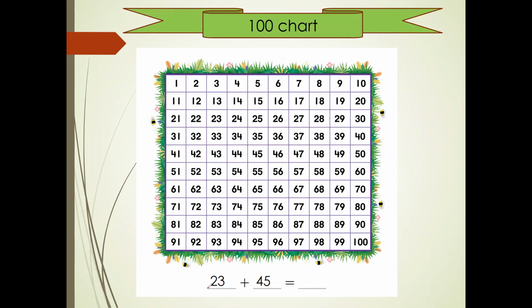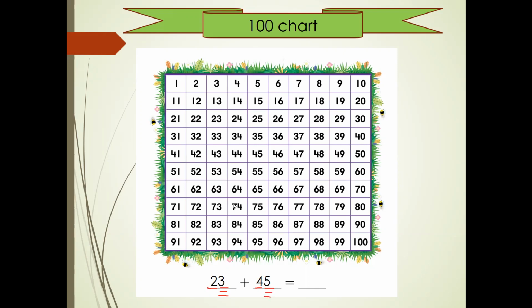Number 23, how many tens? 2 tens. How many ones? 3 ones. This is what we need for adding. Then number 45, how many tens? 4 tens. How many ones? 5 ones. This is what you should know.